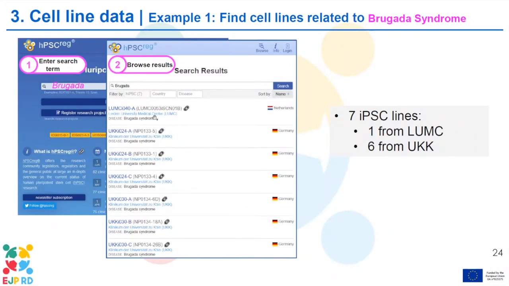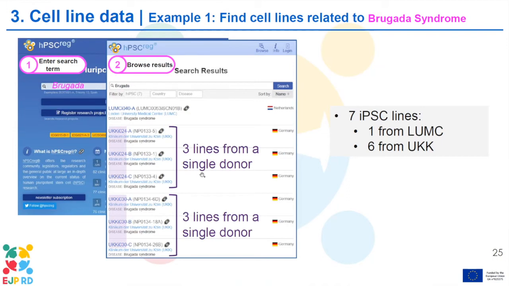One is from Leiden University Medical Center, and the rest are from the University Clinic in Cologne. And you can see from the cell line names, there are 3 cell lines, A, B, and C, from a single donor, which is 024 from the University Clinic of Cologne. So there are 2 donors from University Clinic of Cologne, each with 3 lines from these donors.